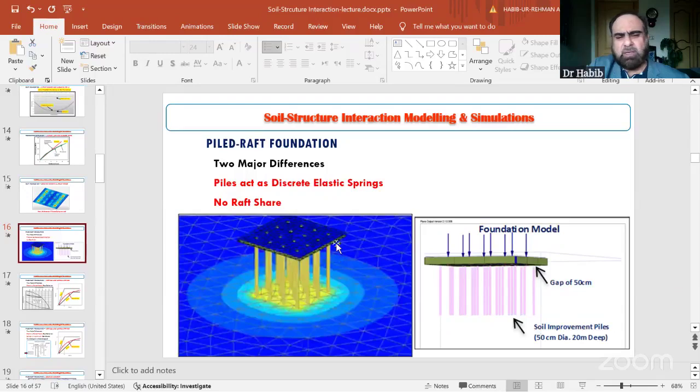So this further emphasizes the importance of such kind of modeling, because it's very difficult to just consider one spring representative of loose layers and very dense layers collectively.